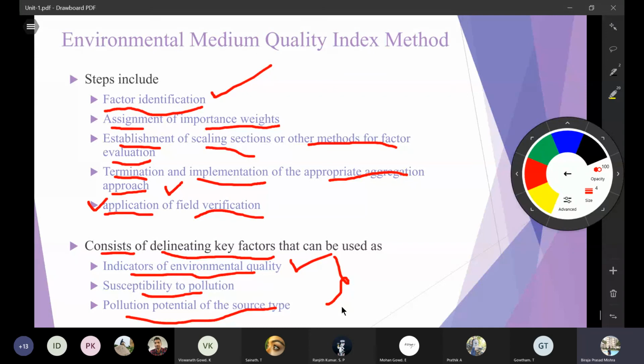Environmental quality means you can talk about the air quality, the water quality, the soil quality near the area in which the developmental activity is there. Followed by the susceptibility: how much area is susceptible to get polluted or hampered by that developmental activity, followed by the potential sources or types of pollution that this method will be able to tell you about.